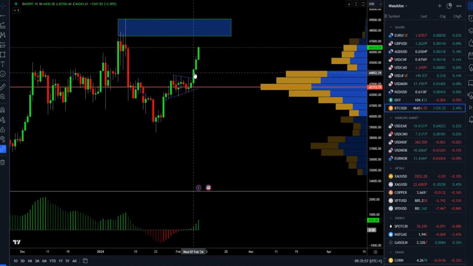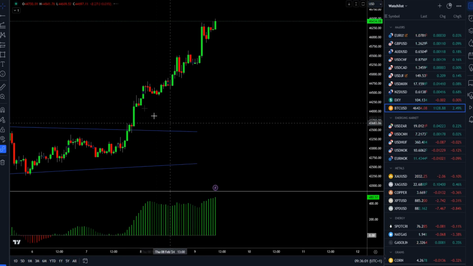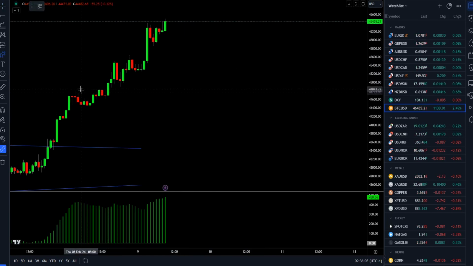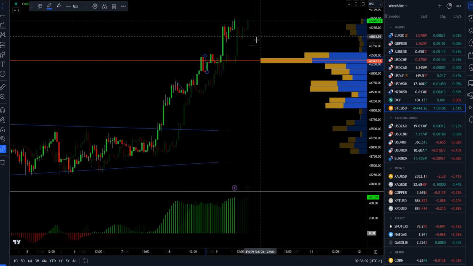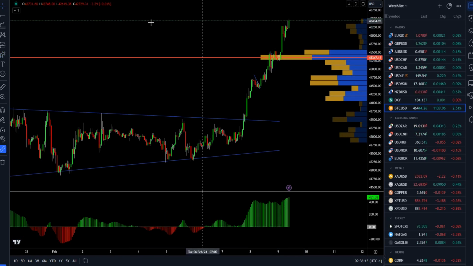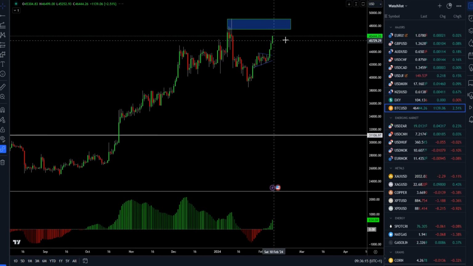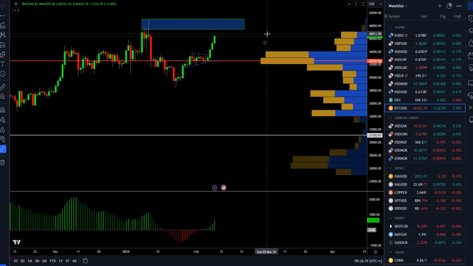So very nice breakout here and follow through. This is a very good sign, and just natural, very tight pullbacks at this point, and buyers just keep bidding, and so far it's looking that we might see a test of at least this zone around the 47,800 mark.